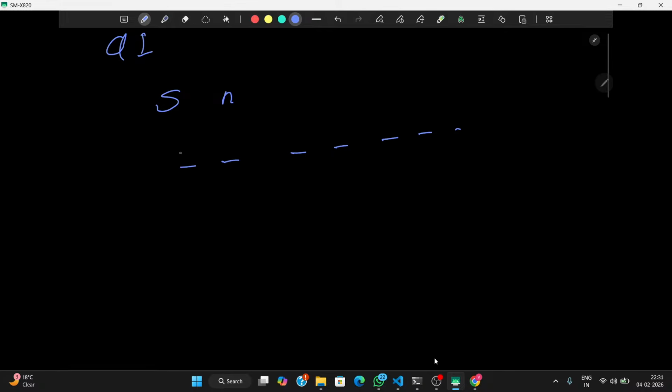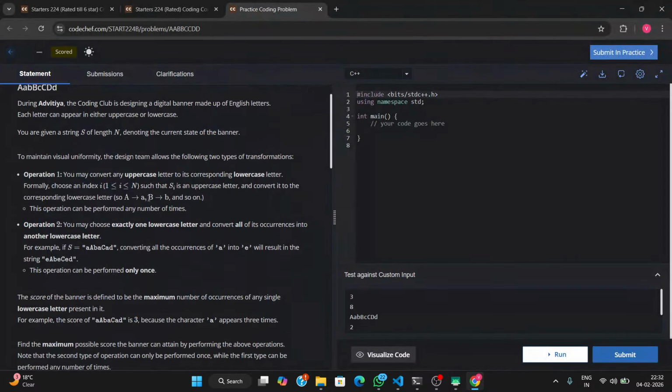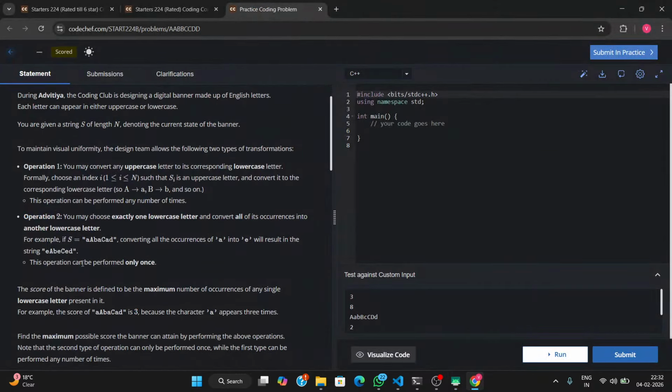Suppose we have some letters: capital A, small a, then capital B, capital C, and small c, and capital D. We can convert any uppercase letter to the corresponding small case letter for operation one, and we can perform this operation any number of times.